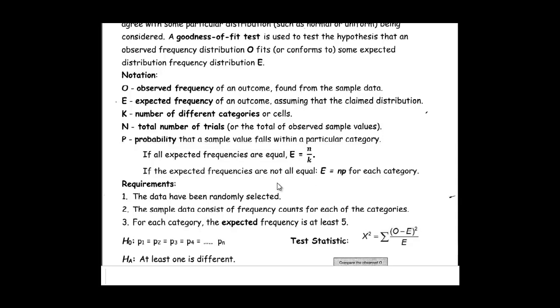So that is a good example on that. If the expected frequencies are not all equal, we're going to use E equals N times P for each category. An example of that might be if I was going to take a random selection of 100 students here on Ankeny campus DMAC.